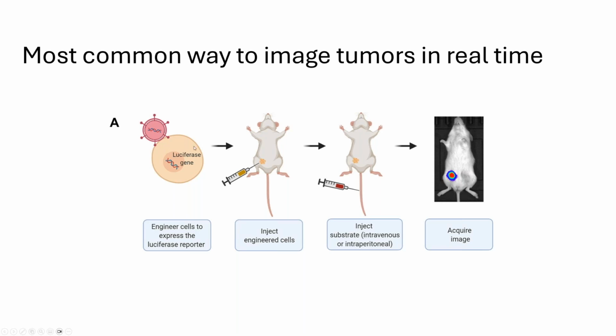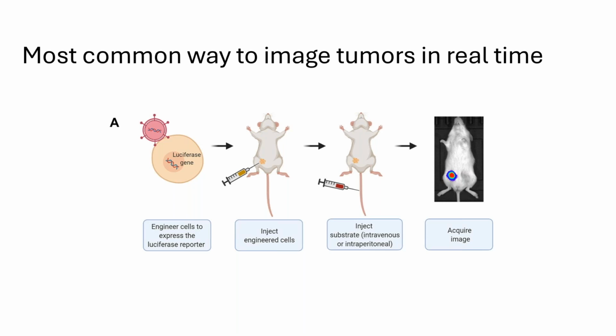Then this acts as a reporter to basically glow when this luciferase gene is activated by a substrate called luciferin. So you transfect your cancer cells with this, and then you implant that into the animal, and then you inject the substrate, usually luciferin, and then you acquire an image to actually be able to see that tumor in real time.